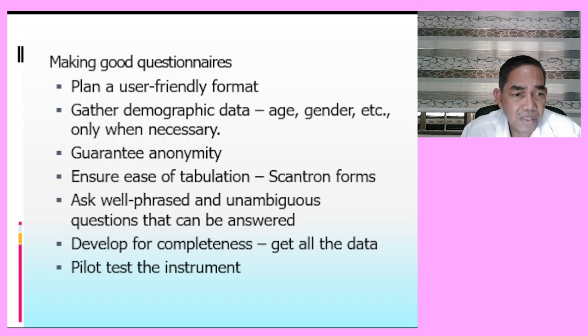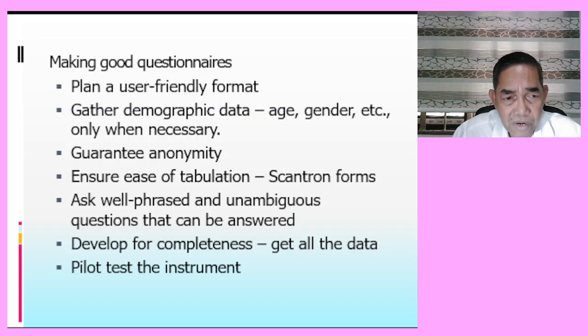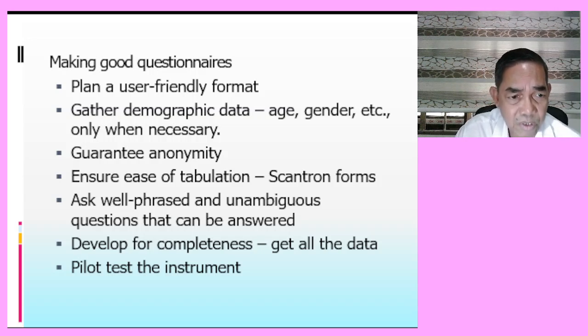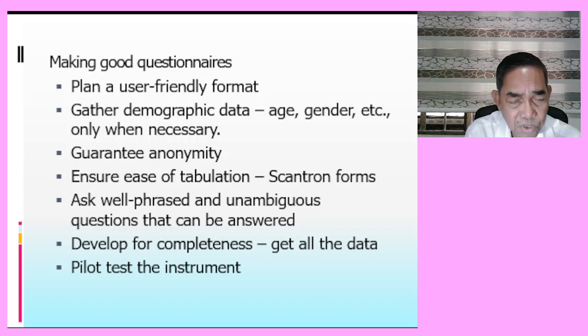Then ask well-phrased and unambiguous questions that can be answered clearly. And then develop for completeness, get all the data, and pilot test the instrument or pre-test the instrument. With Google Form, you can actually put that the question is required, so that the people will be forced to answer to complete the responses.